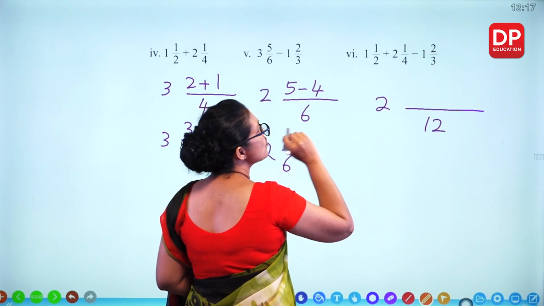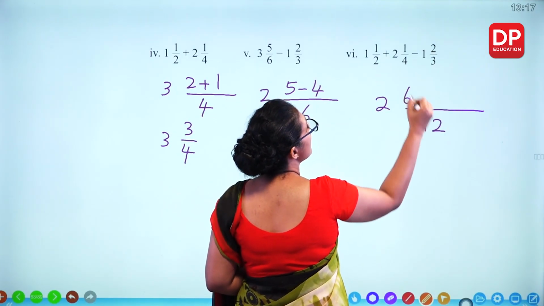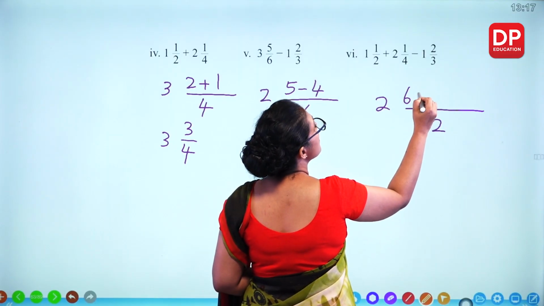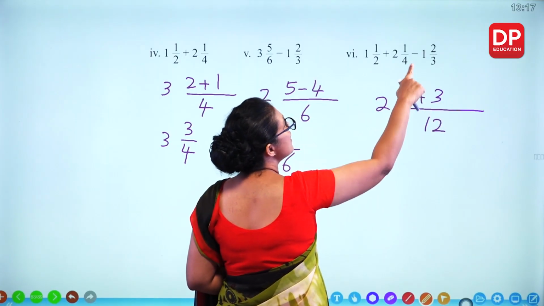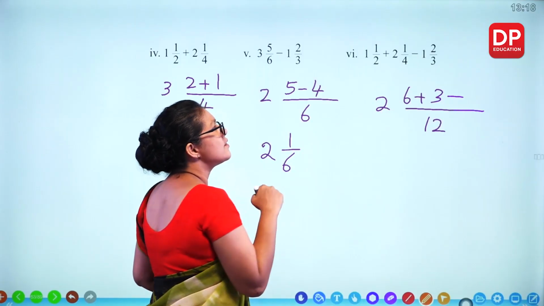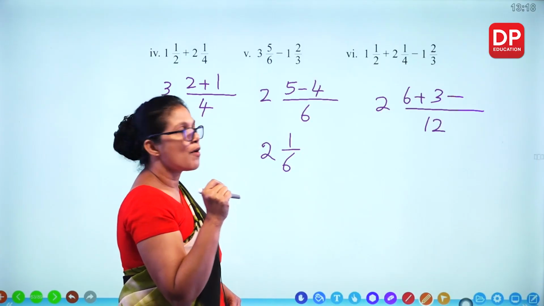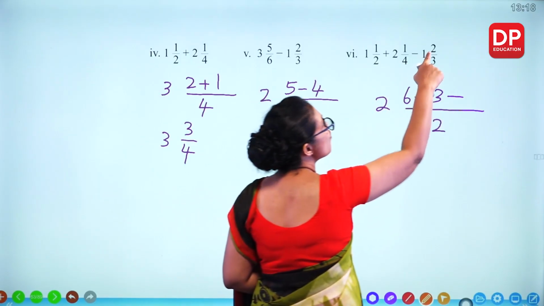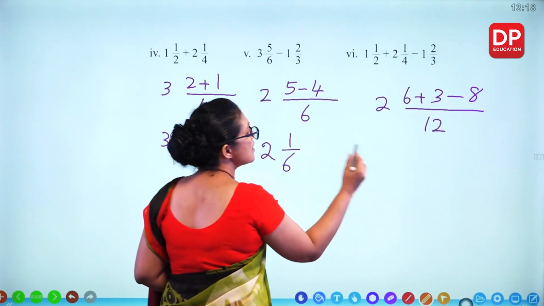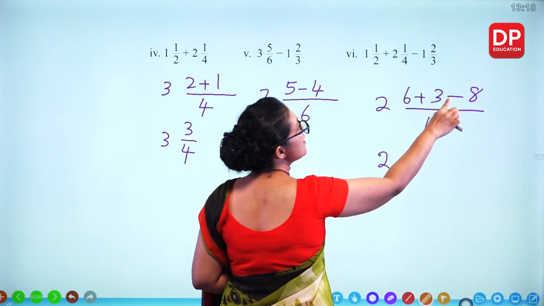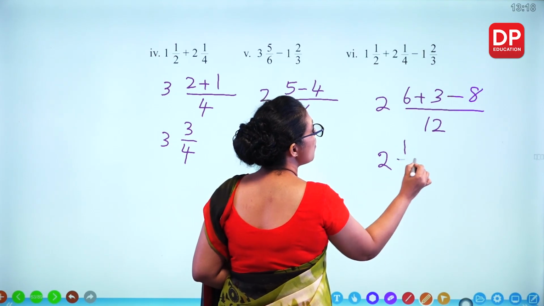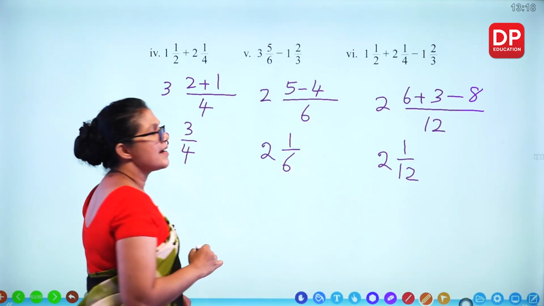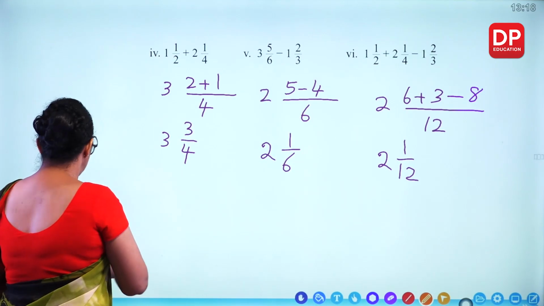Find the equivalent fractions. 6 and 4 times 3. How you get 12 from 3? Multiply by 4. 4 times 2, 8. So 2 and 6 plus 3, 9. 9 minus 8, 1. 2 and 1 over 12.